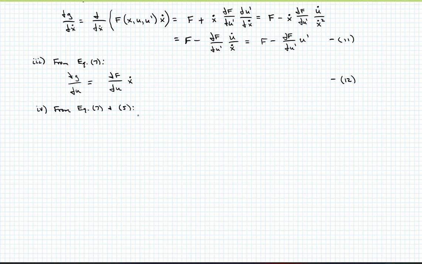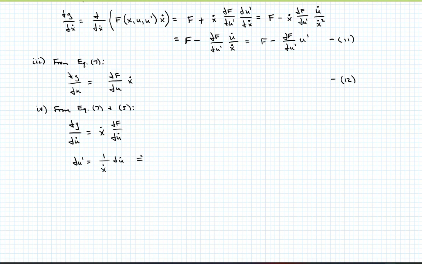And so we end up with the partial of g with respect to u dot is going to be equal to, just from equation 7, x dot times the partial of f with respect to u dot, right? But what do we know? We know that the partial of u prime, this is just from the definition in equation 5, is equal to 1 over x dot times the partial of u dot.